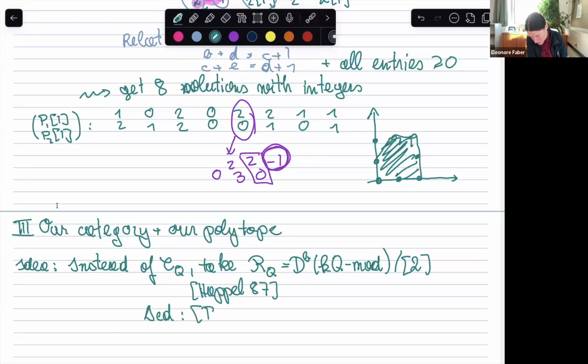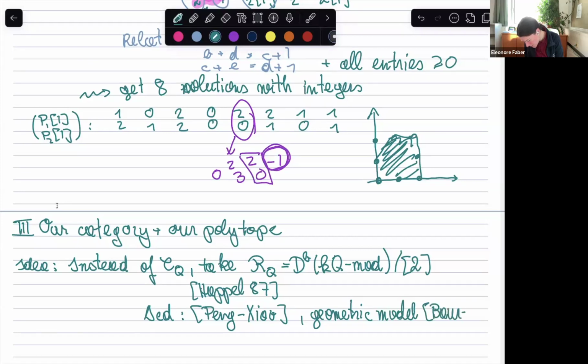You can see this from a paper of Peng and Xiao, from somewhere in the 2000s. And you can even find a geometric model that is due to Bauer and Marsh, with oriented diagonals.